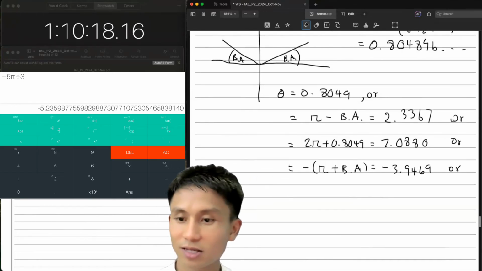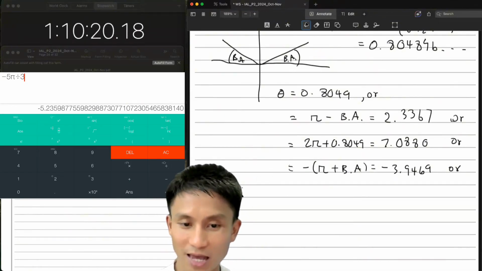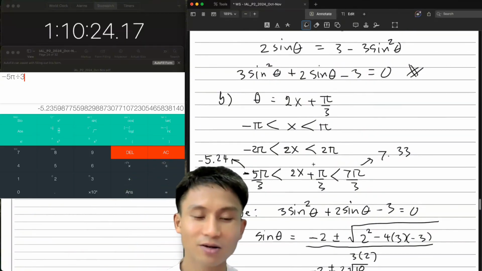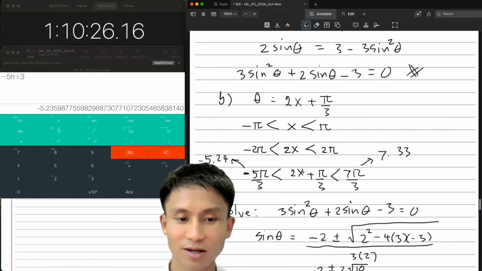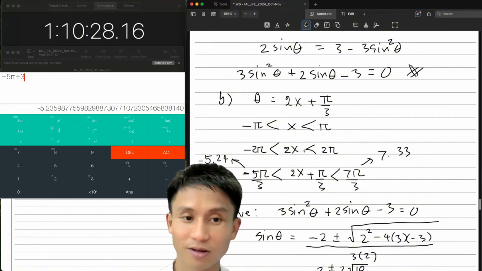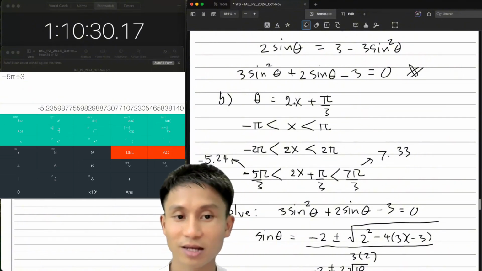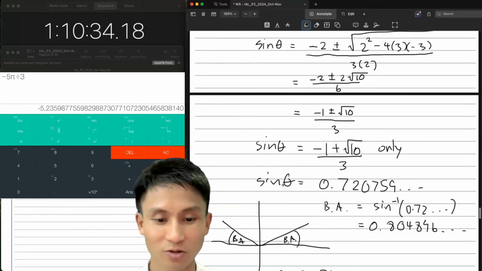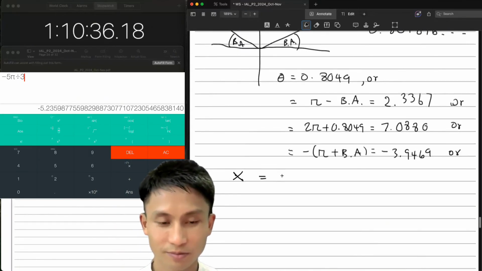That means the actual answer we want, which is x, is going to be equal to all the theta values. You rearrange that to get x. So all the theta values minus pi over 3, divided by 2.